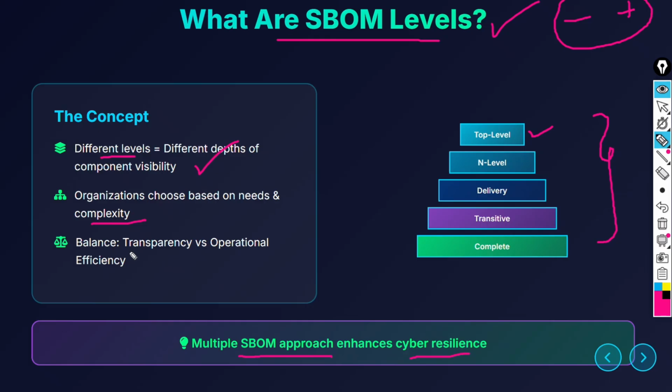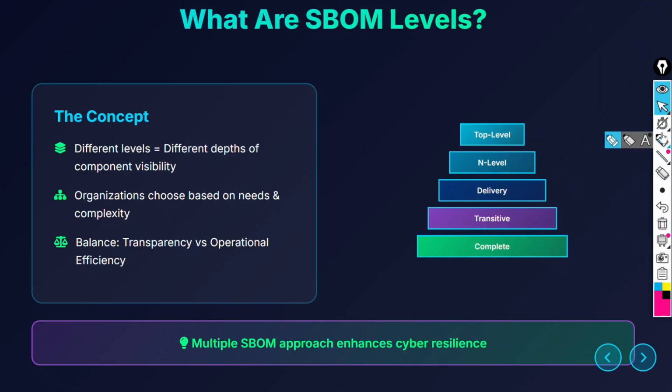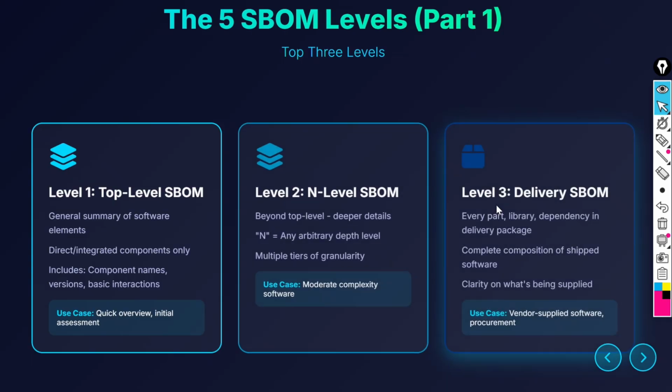As I said, it is all about transparency as well as operational efficiency: how deeper insights you need, how fast you need to get those SBOM details. It's all about that. So these are all the levels: top level, N level, delivery, transitive, complete. Now we will be discussing each and every level in the further slides.